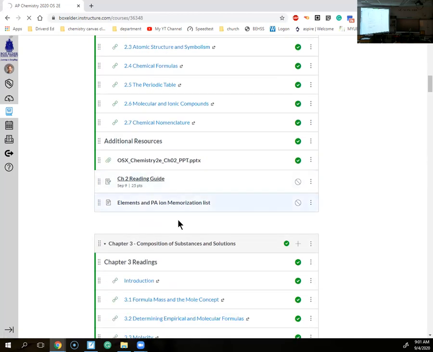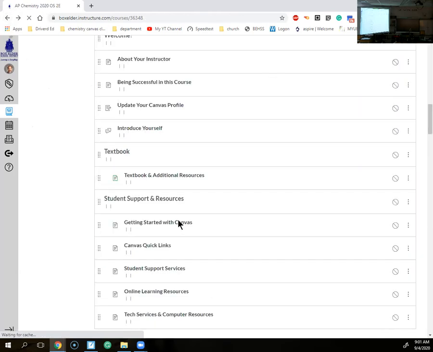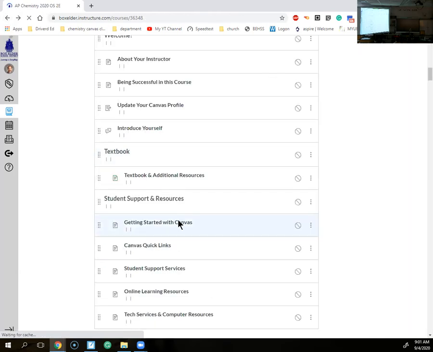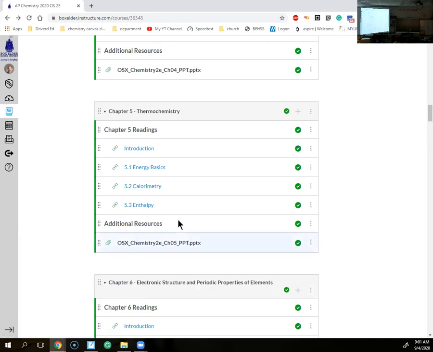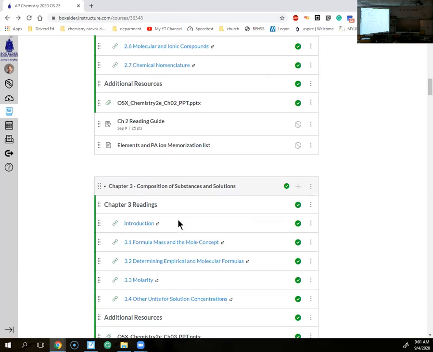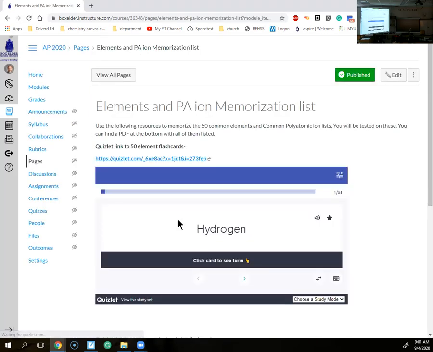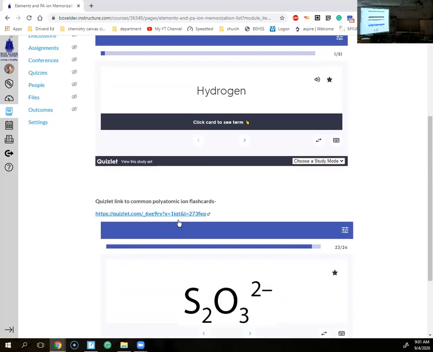And then this is what I want you to start looking at. It's called Elements and Polyatomic Ion Memorization. Please start looking at that. It's right here at the bottom. Oh, it's not published. I'll publish that. You have to memorize 50 elements in this class and then also a list of polyatomic ions.